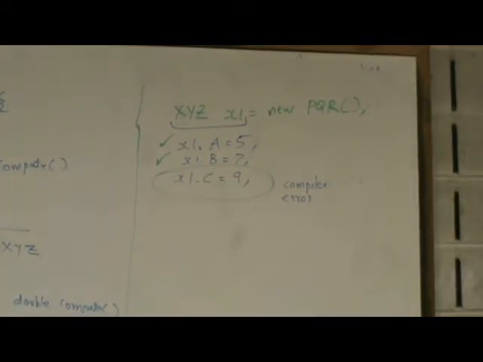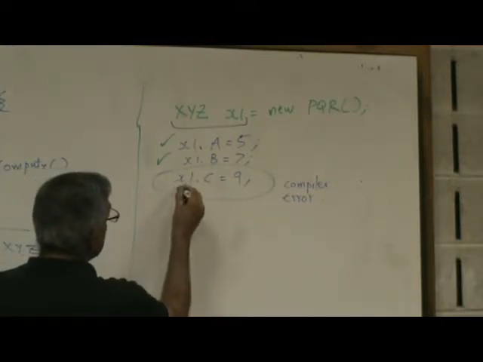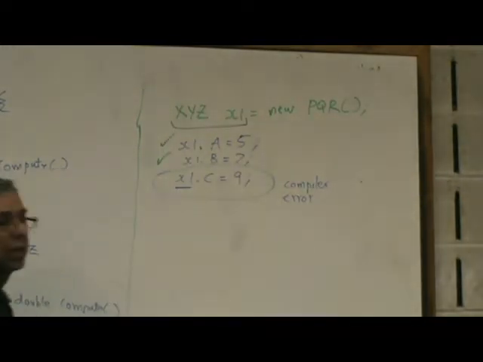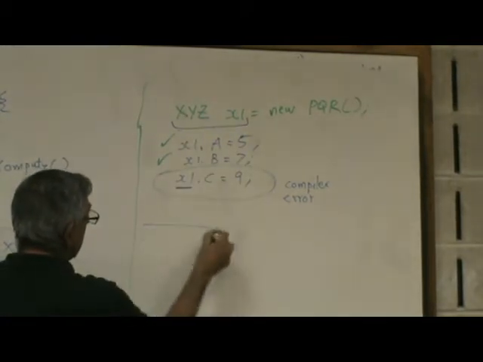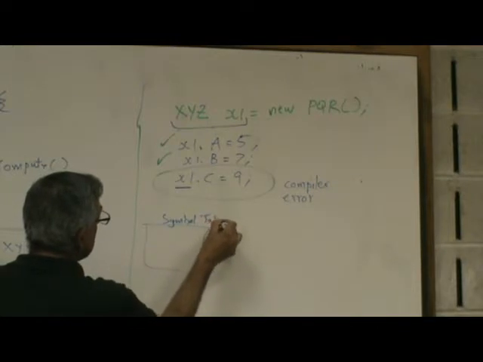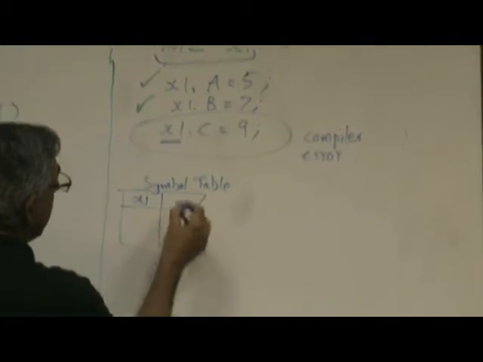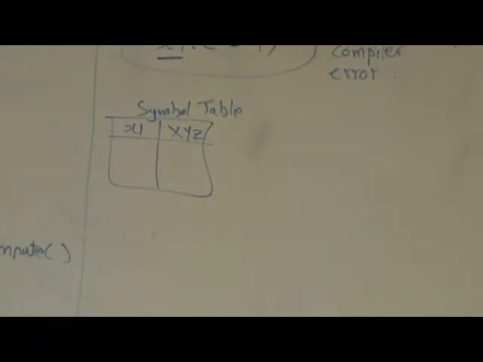See, if you are the compiler, how will you decide? You will check what x1 is. x1 is XYZ. Remember the symbol table: as soon as we did this, a symbol table is created by the compiler, and in the symbol table all variables that we create are maintained, along with what data type they belong to.